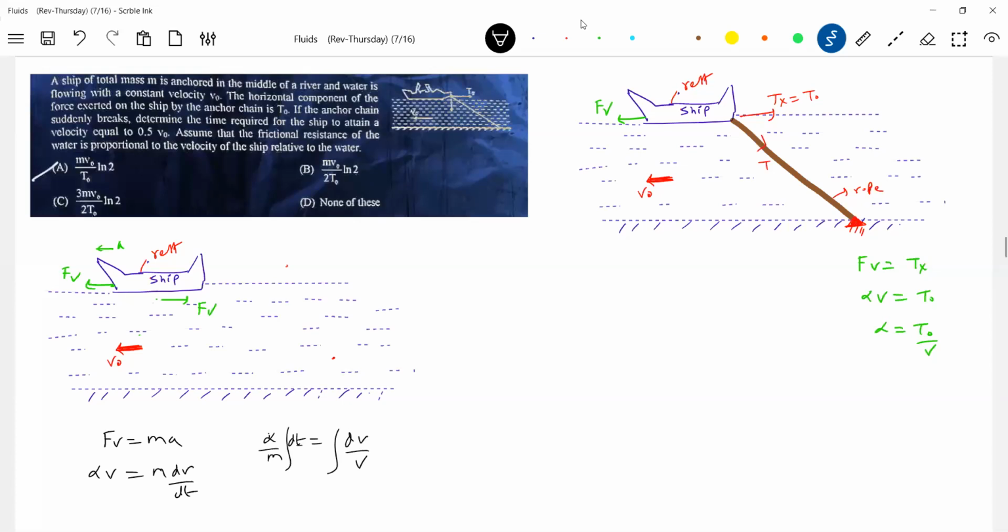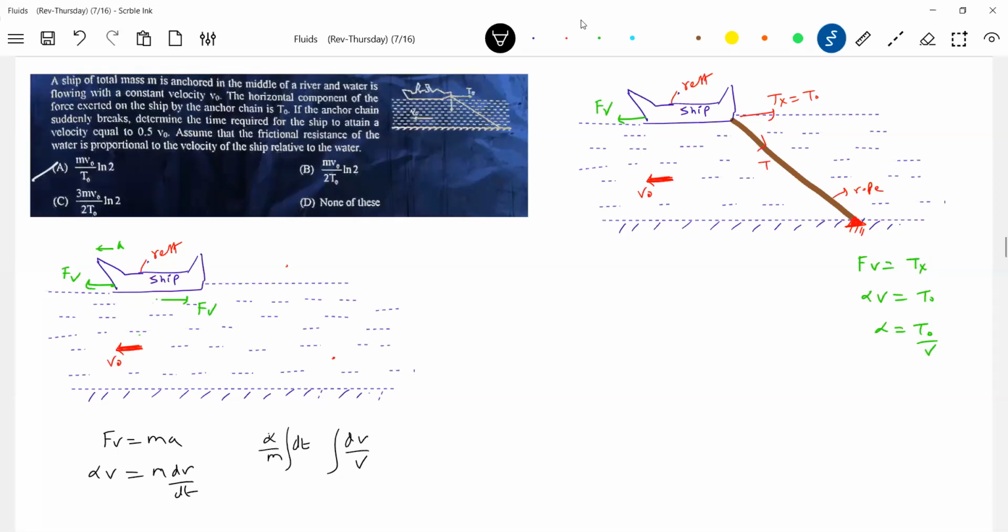Anybody, can you suggest the limit? Very, very important. What is this V? I wrote that in that equation.